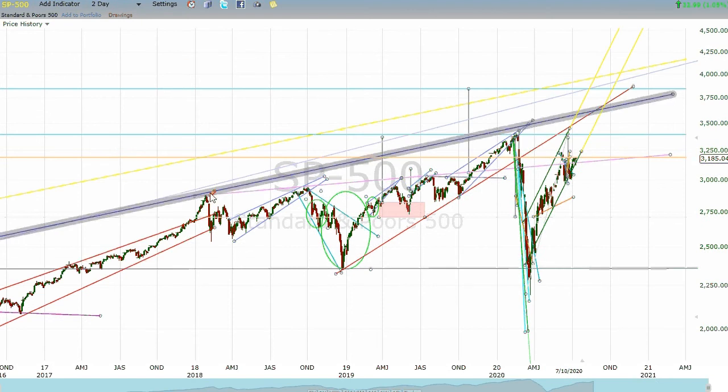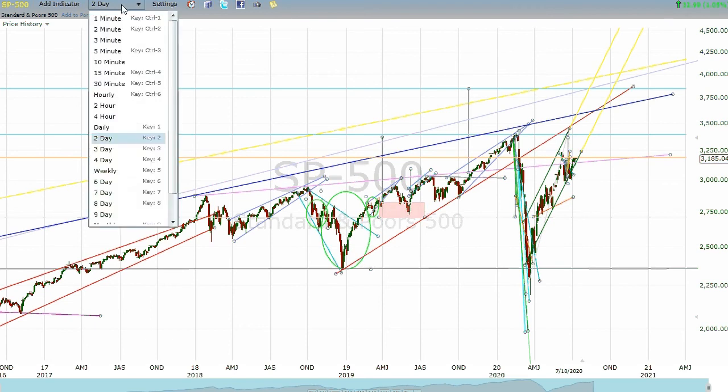If we go back to this big inverted head and shoulders pattern that fell prey to the COVID scare, you'll remember in the head of that there was a smaller, still a good size, took almost 6 months, but it is a smaller inverted head and shoulders pattern that formed the majority of the head of that pattern.